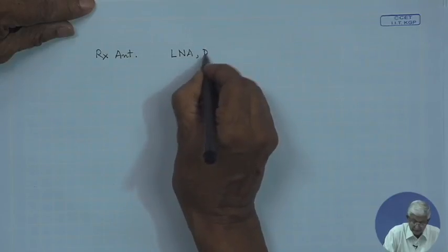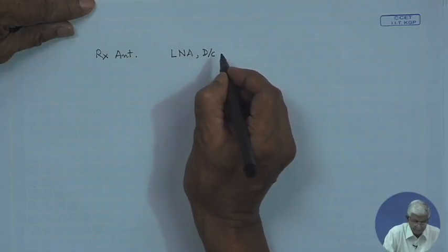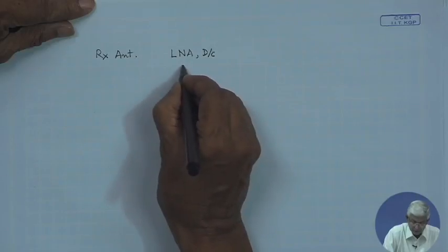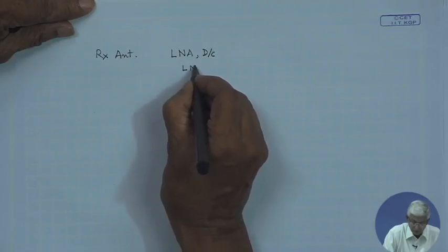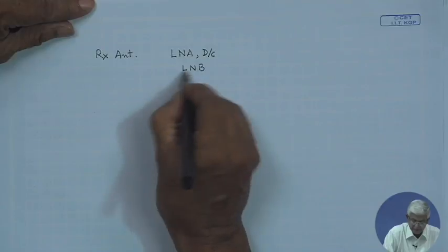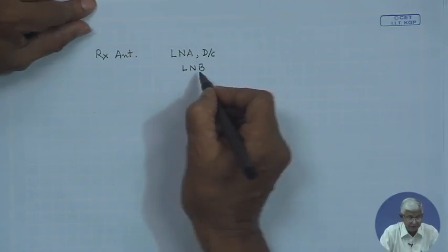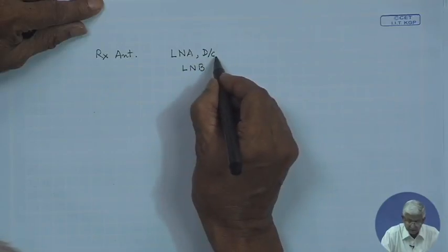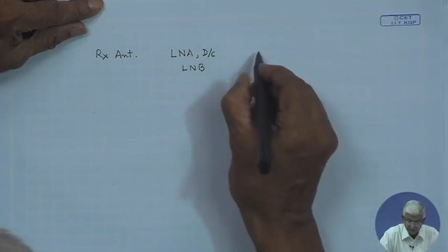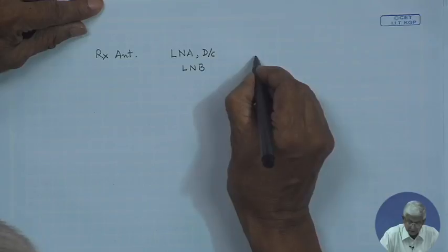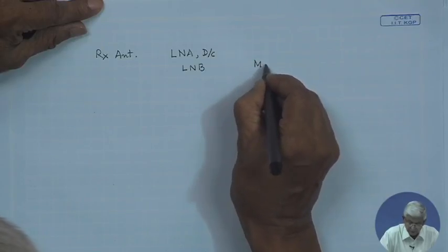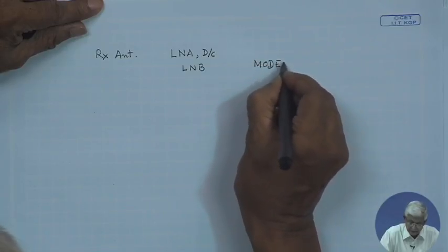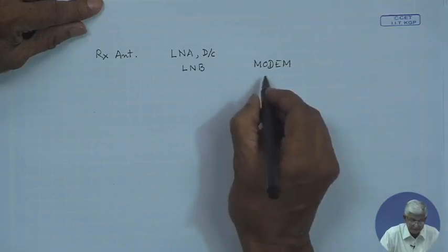Then there is down conversion, and the combination of these two is called low noise block converter, LNB is another terminology they are using. Now after conversion you are in IF. So at the IF level you do demodulation.